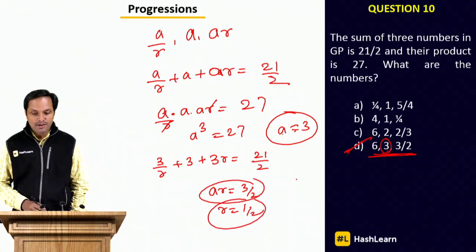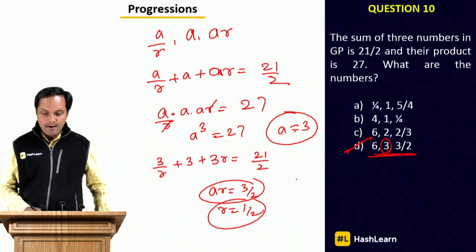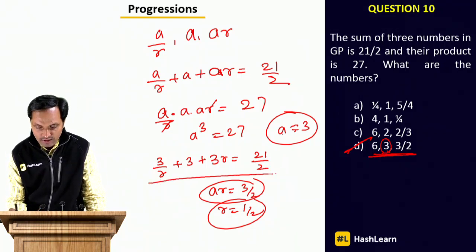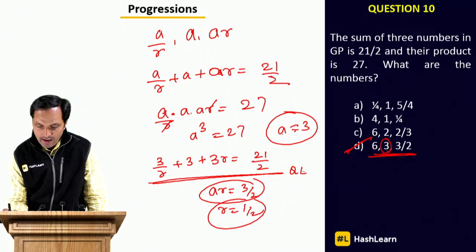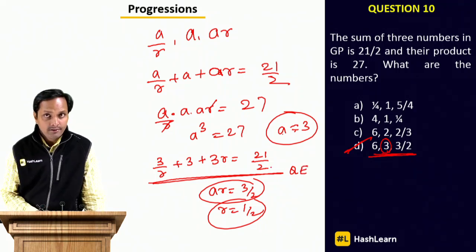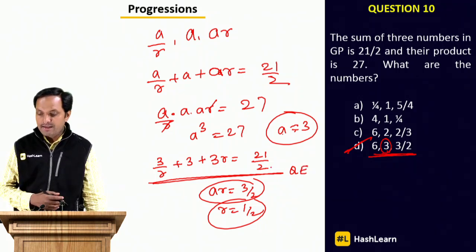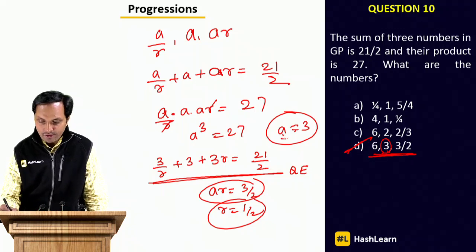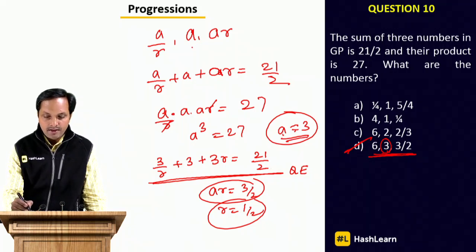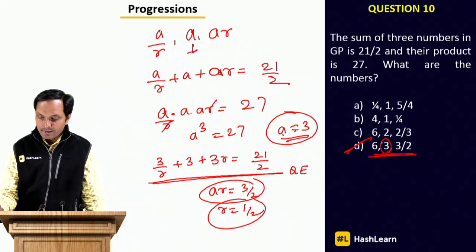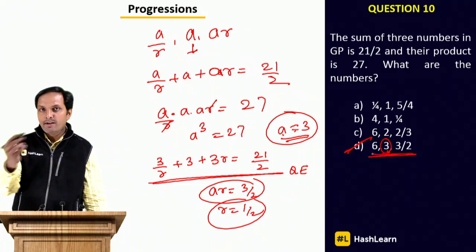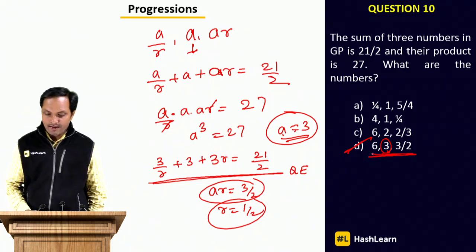You can use the substitution method. One is you can solve this quadratic equation and find the value of r, and the second method is the simplest method. A is equal to 3 we have got. You know that the middle term is 3, so 3 is here in option D. You can directly mark that as the answer.